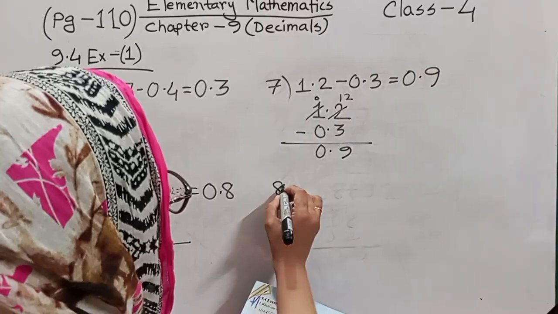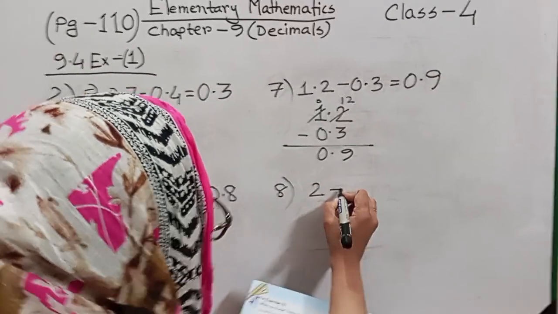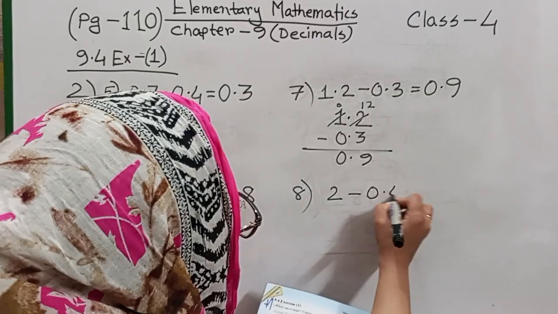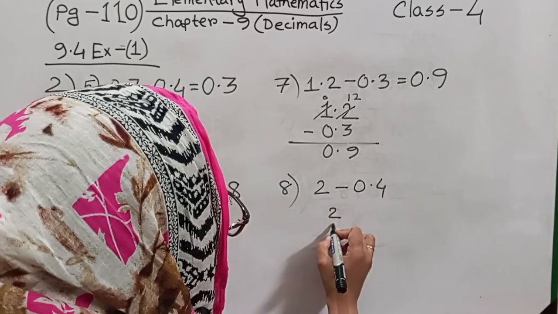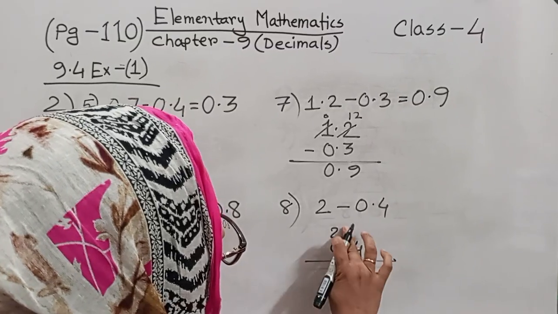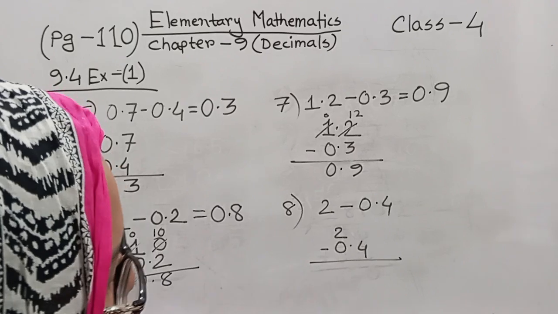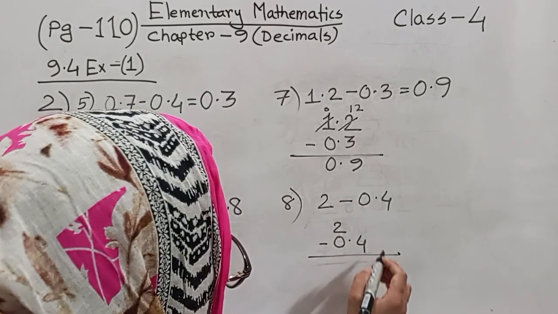The last math from question number 2. 2 minus 0.4. So 2, 0.4. 2 is a whole number and 0.4 is a decimal number. From this whole number we need to do the subtraction, the decimal number.